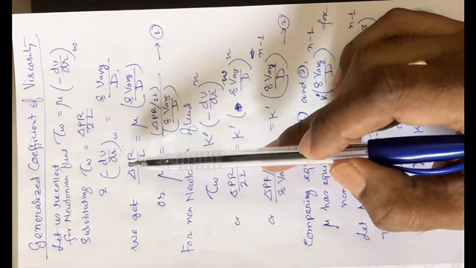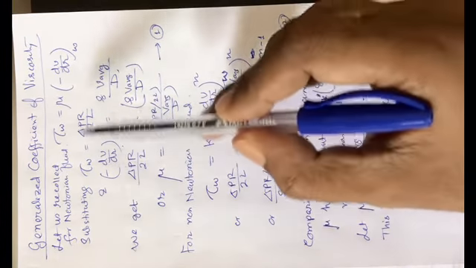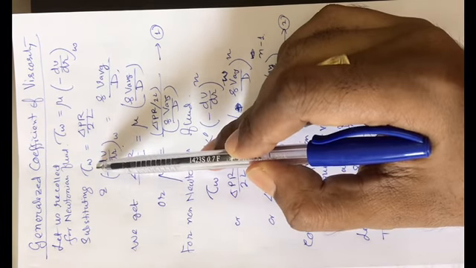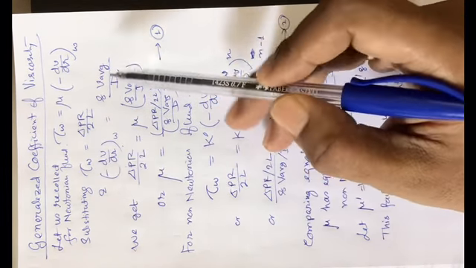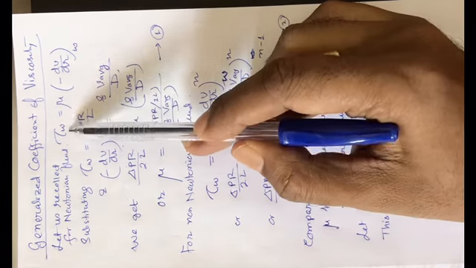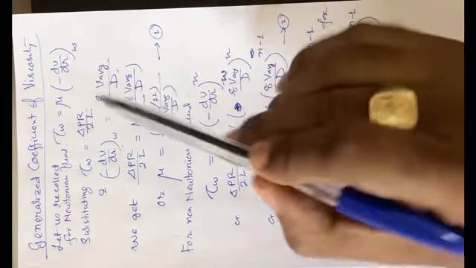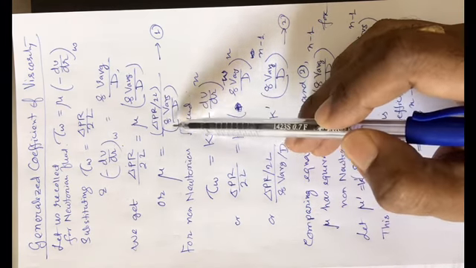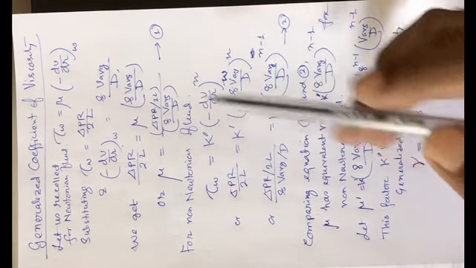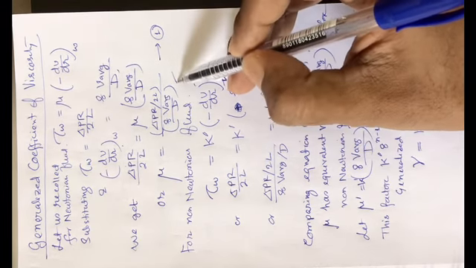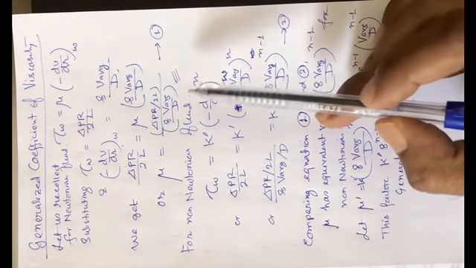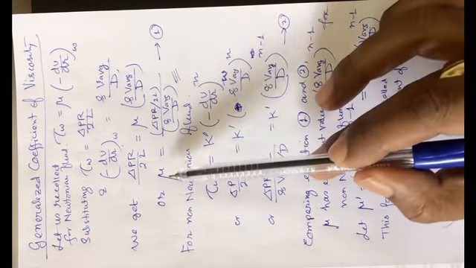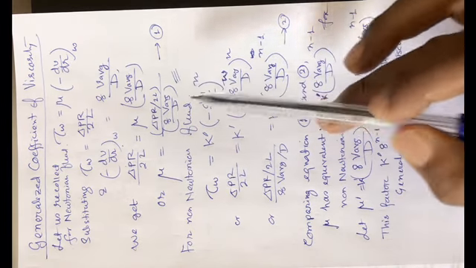Then what is mu? Mu is wall shear stress divided by wall shear rate. So this is the equation we can use for estimation of viscosity in the case of a Newtonian fluid.